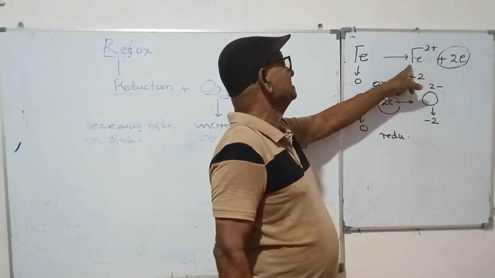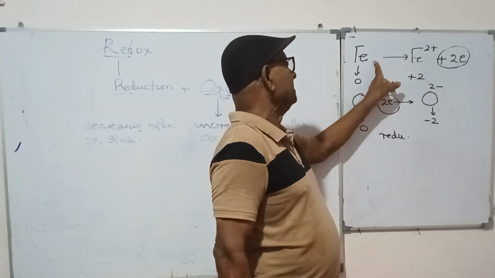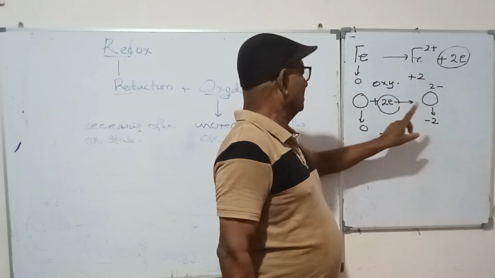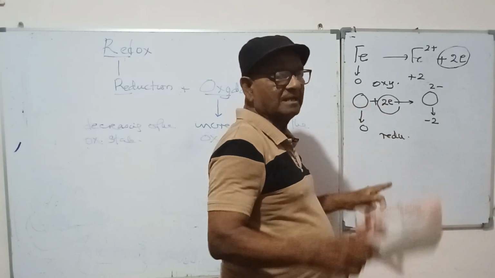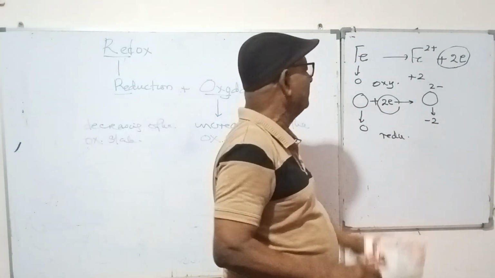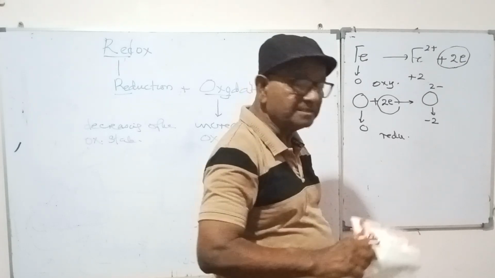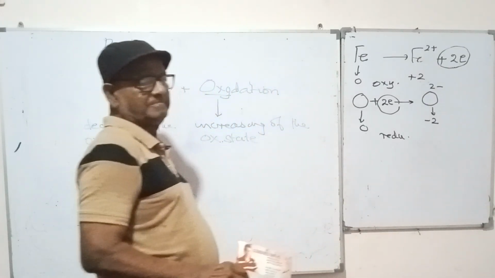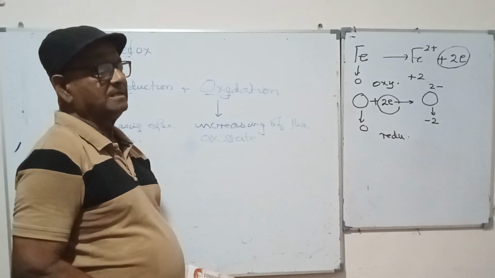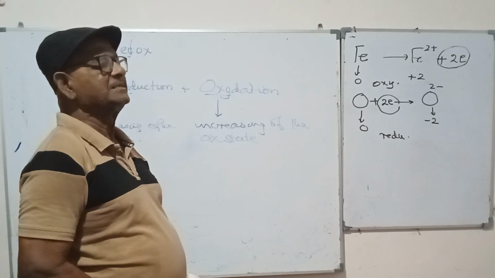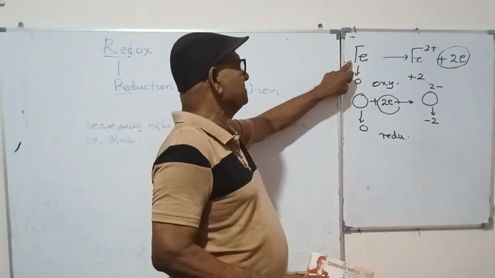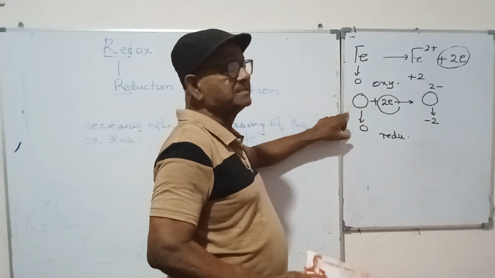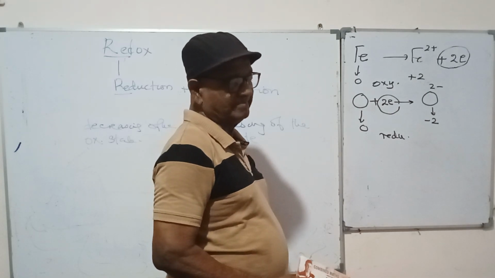Two electrons removed by the Fe atom, and the oxygen atom gains these two electrons. Exchange of electrons happened. Right? This is the reaction. I think now you are clear that this is the oxidation reaction, this is the reduction reaction. Right?